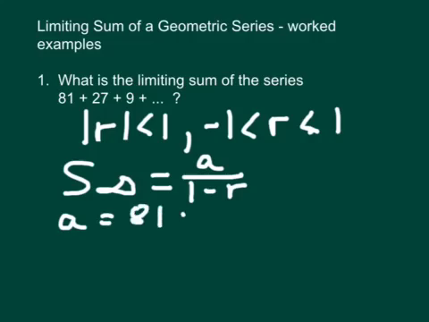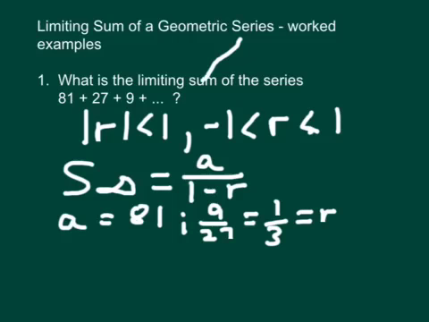The common ratio is found by dividing a term by its previous term, so we can go 9 divided by 27, which equals 1/3. That equals r. Now we simply substitute our values for a and r into our formula.